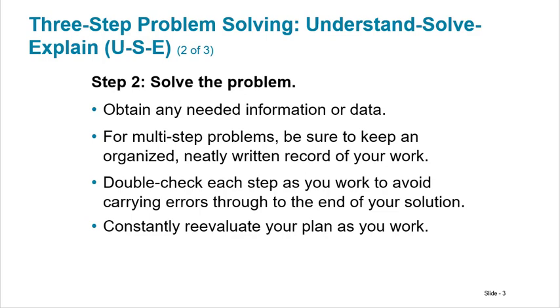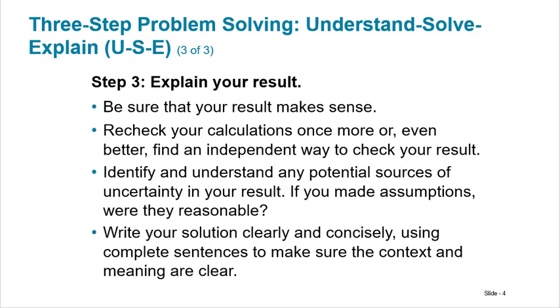And in that same vein, you should be double checking your work and your steps as you go to avoid making an error and carrying it through to the next step and possibly all the way to the end of your solution. And then you always want to be reevaluating your plan as you go. After you do a couple steps, ask yourself, am I really on the right path? Does this feel right? And then try something else if you have to.